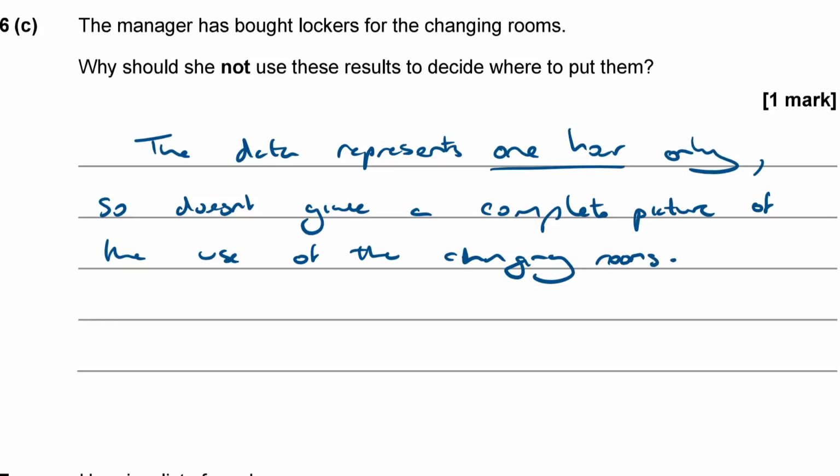Something along those lines. There's quite a lot of flexibility with these sort of questions. As long as you can come up with a convincing reason, I think you'll often give credit for these sort of questions. Other suitable responses might have been something along the lines that the sample size is too small because we only got 25 people.